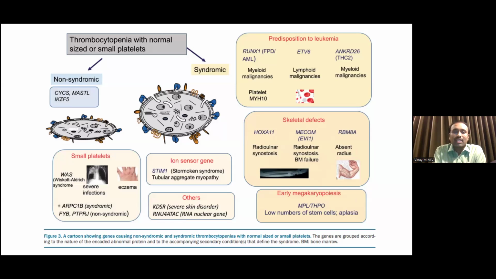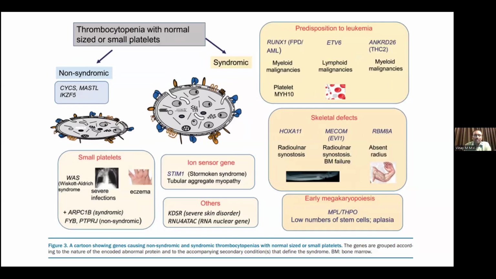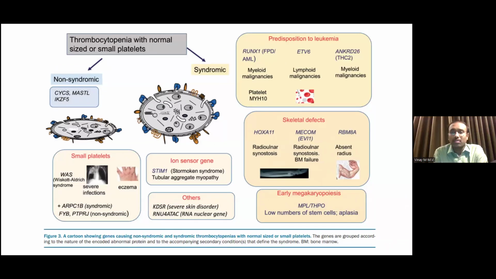It's a very good paper where they have talked about congenital thrombocytopenias and how to evaluate them, whether syndromic or non-syndromic. The microplatelets are the ones with Wiskott-Aldrich and a few others. A few can present with predisposition to malignancy, skeletal defects, and thrombocytopenia. There are thrombocytopenia syndromes with early megakaryopoiesis defects, like thrombopoietin receptor defects.